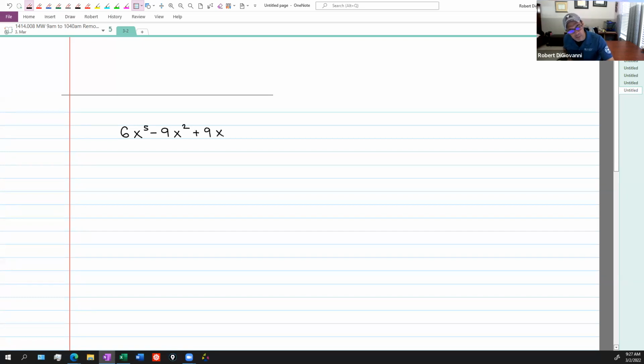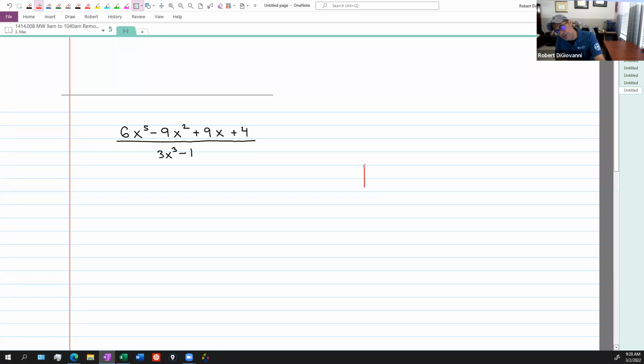I'm just pulling some problems out of the homework. All of that divided by 3x cubed minus 1. So I want us to divide this. For the first time, this is the first problem we've had where we have something unique happening, something different.